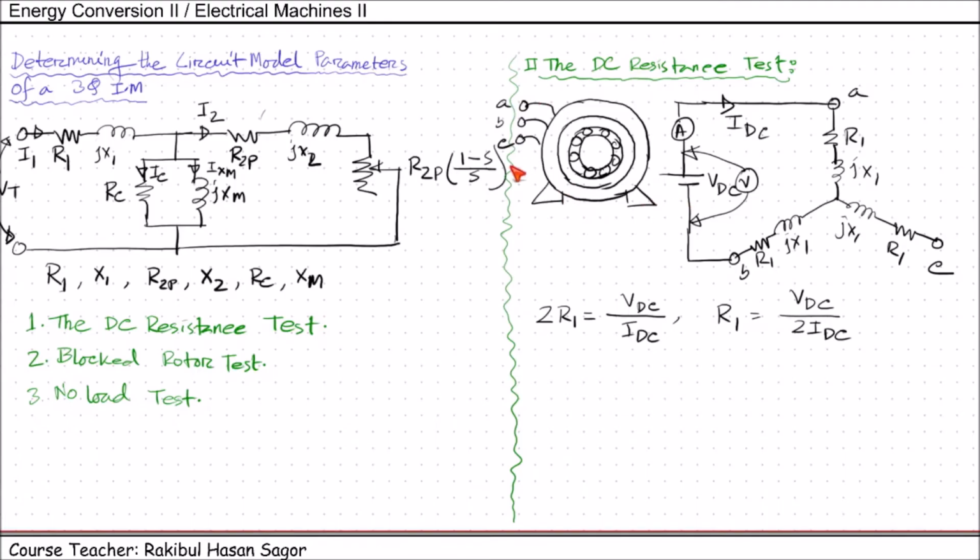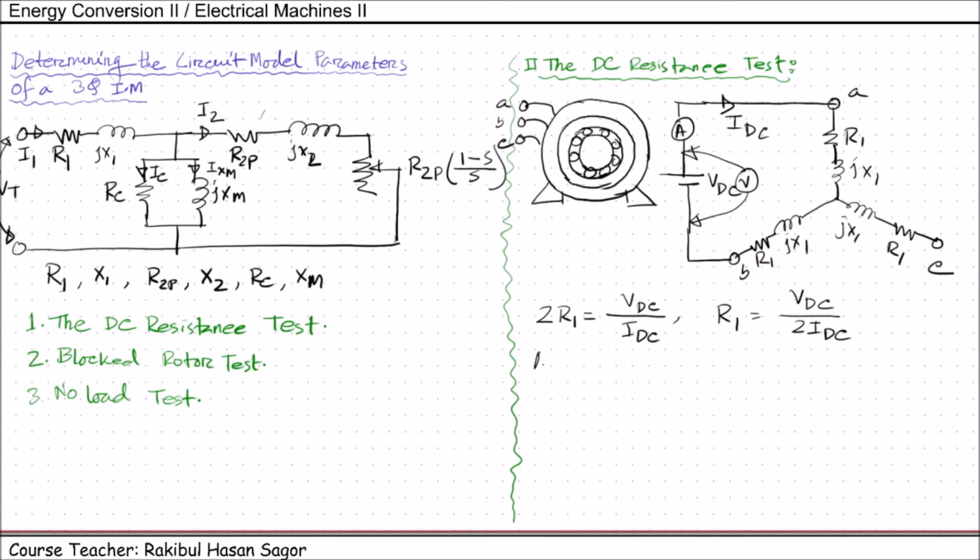So when we apply AC supply, the DC resistance and the AC resistance will have different values due to skin effect. So once we calculate the DC resistance, in order to get the AC resistance, the DC resistance must be multiplied by 1.25 to get a more accurate AC resistance.